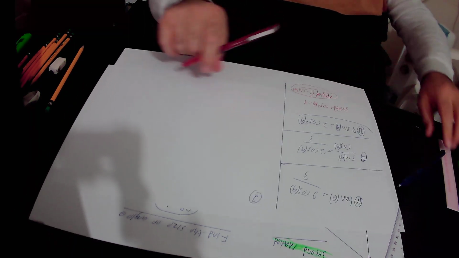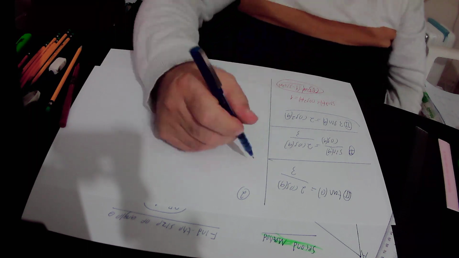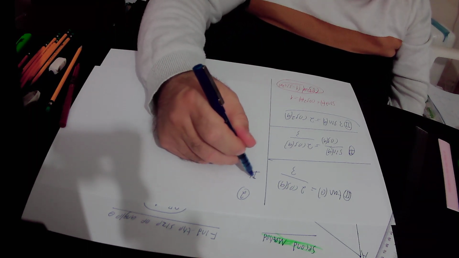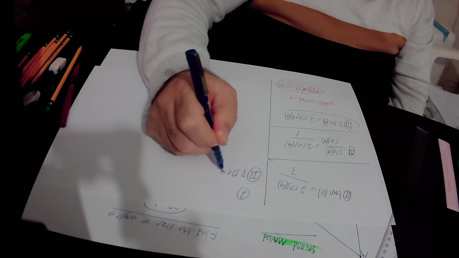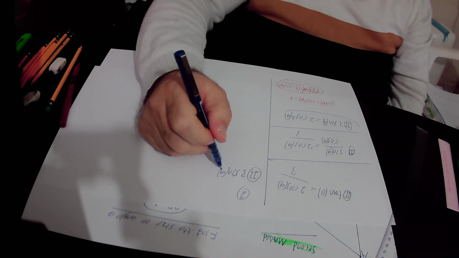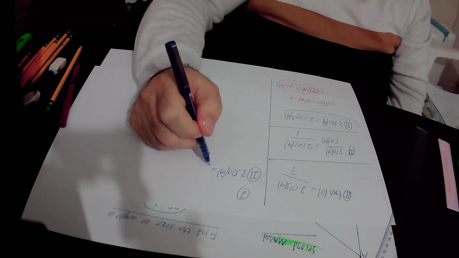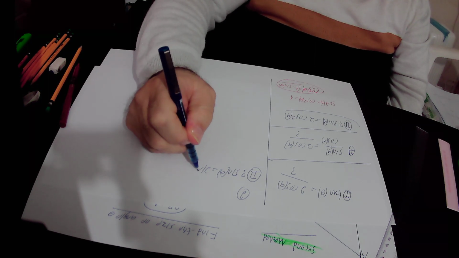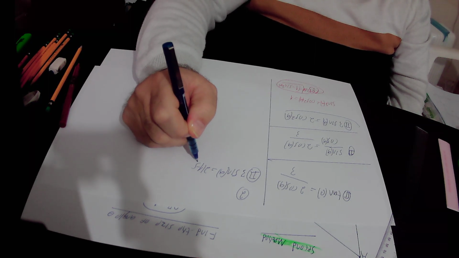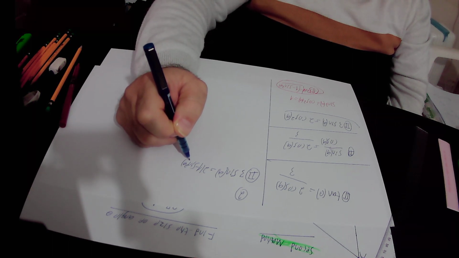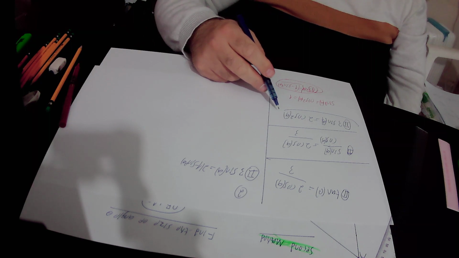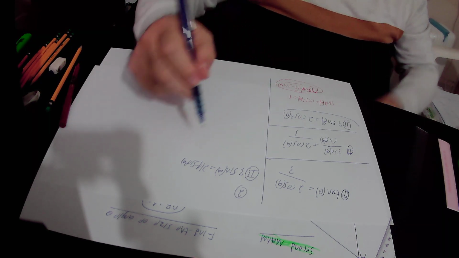We'll do it now, and we'll get that according to equation number 2, 3 times sine alpha equals 2 times 1 minus sine square alpha, because we found that cosine square alpha equals 1 minus sine square alpha.